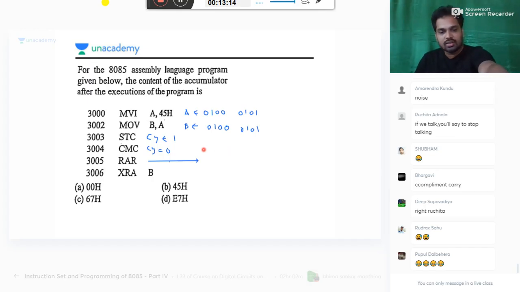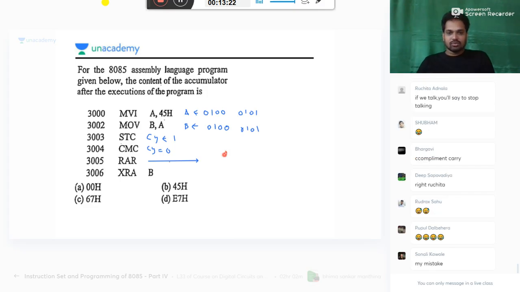See here, carry is 0. Carry is 0, then 0, 1, 0, 0, 0, 1, 0, 1. So it is through carry, and right means this side.